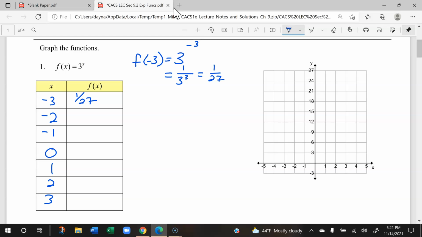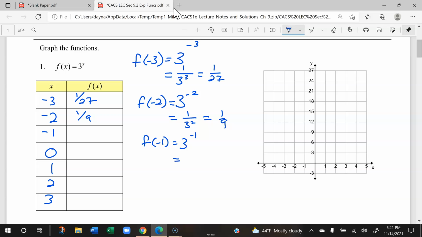When I plug in a -2, I'm going to do the exact same thing. I would have 3 raised to the -2. So that would be 1 over 3 squared, which is 1/9. f of -1 would be 3 to the -1.